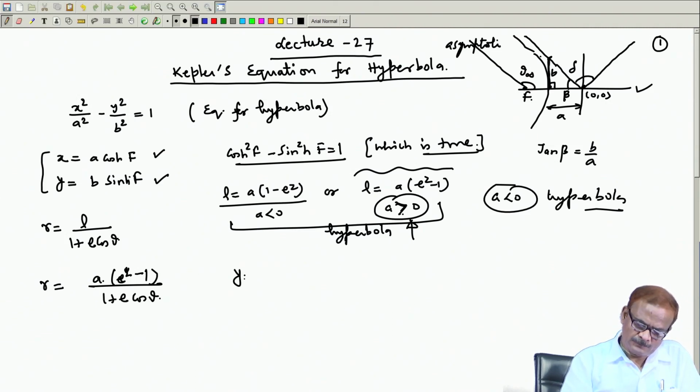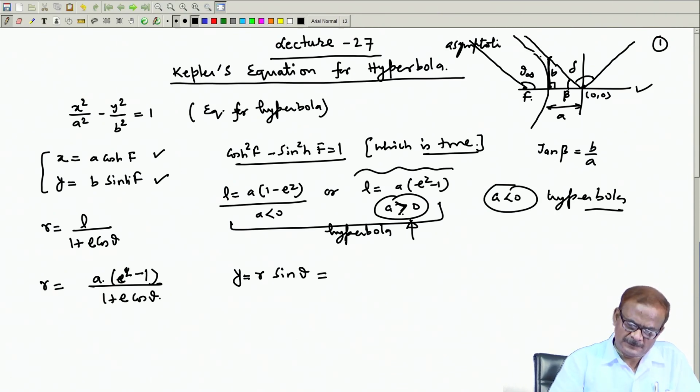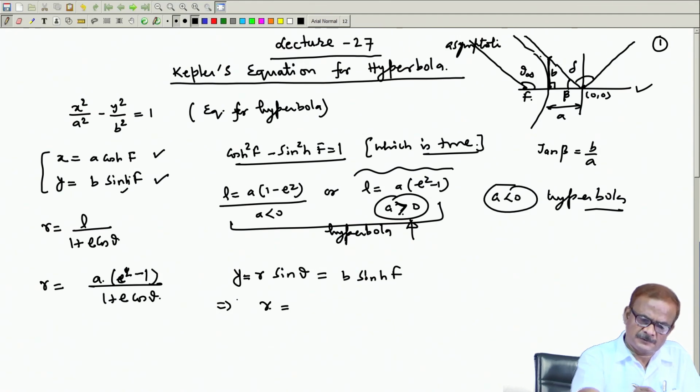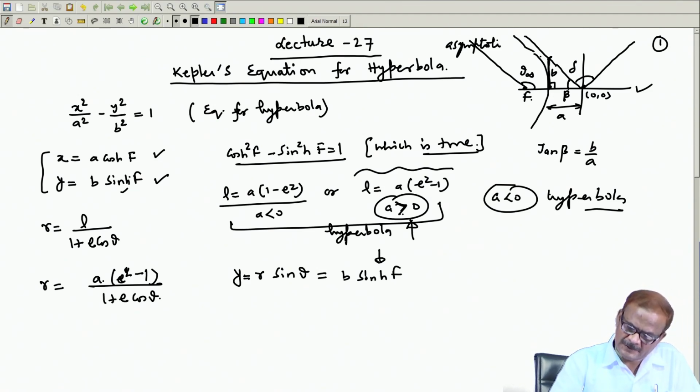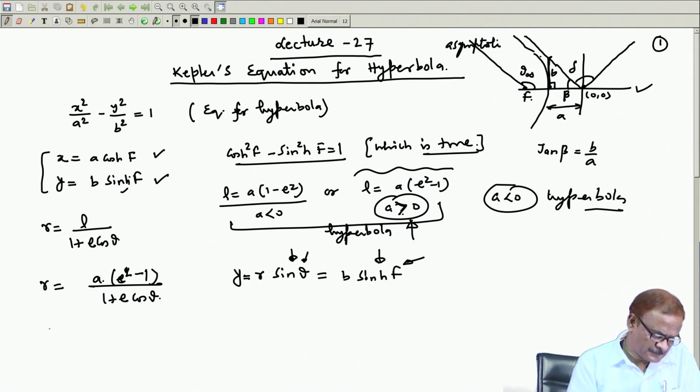Also y equal to r sin theta, and from here y is available as b sinh f. What we are going to do, what we have done, is express sinh f, or f, in terms of the theta angle. The same effort we are putting here.